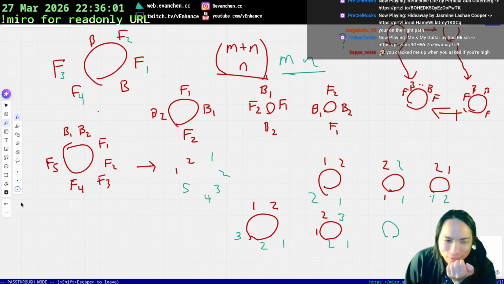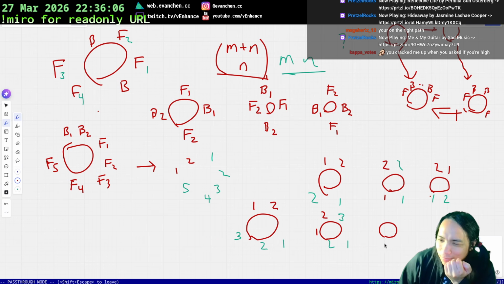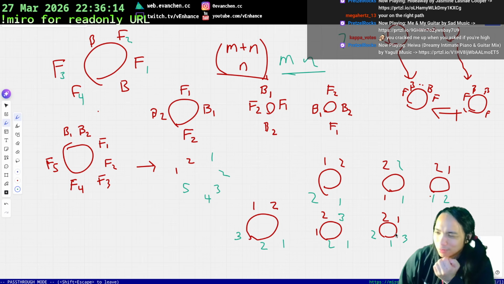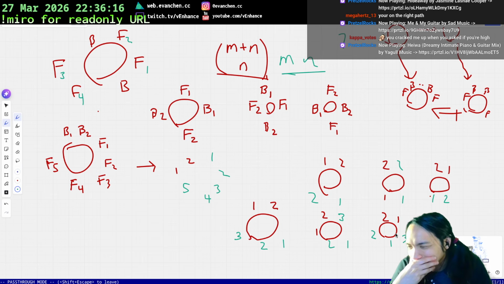Okay, so maybe it is GCD. Or is it... No, the 2 and the 1 didn't switch. Hang on. What the heck? Is it actually going to be L6?